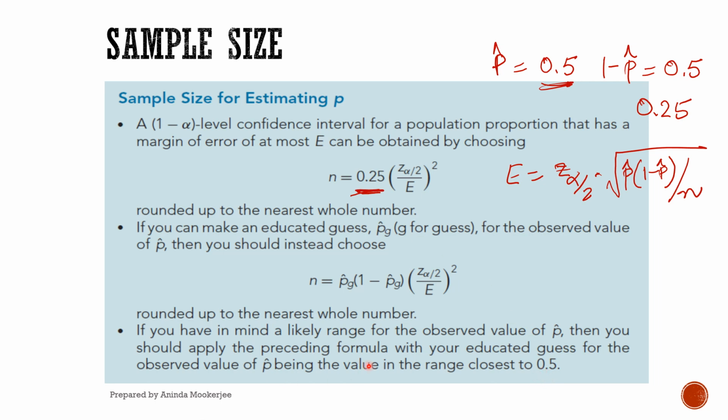Don't worry about this last part. Just keep in mind that if your question asks you to find the value without guessing the proportion, then use this formula. If they give you a guessed proportion value, then you will use the other formula.